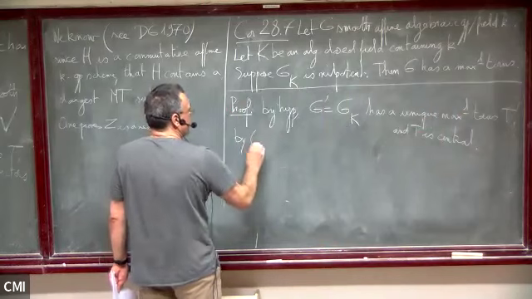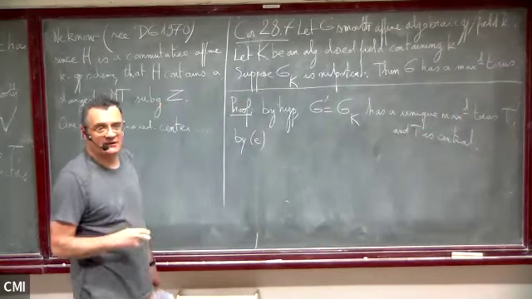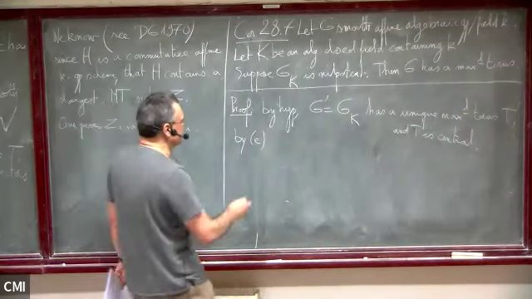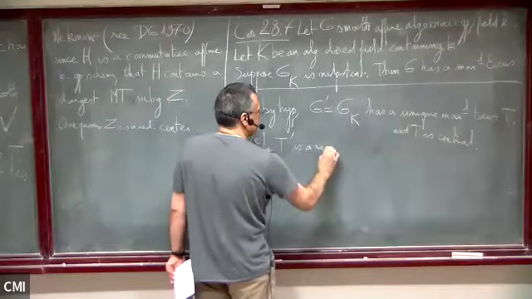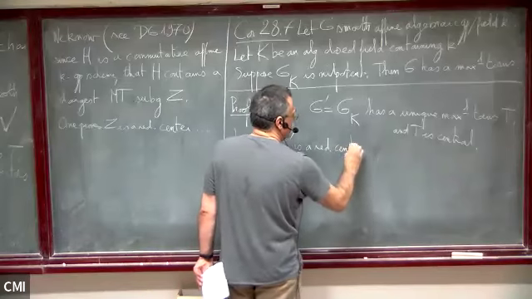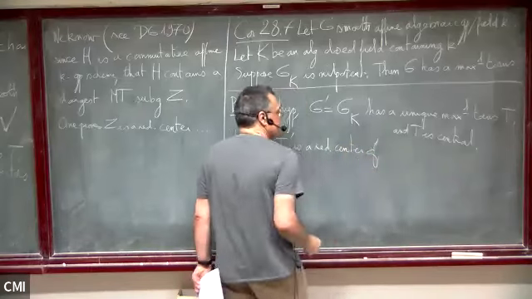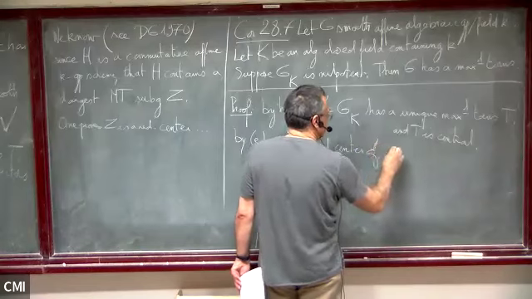By part E of the theorem, which I have not proved but which is standard, T prime is the reductive center of G prime.